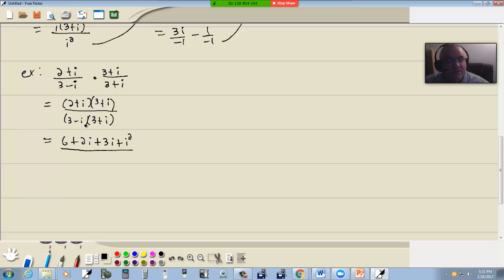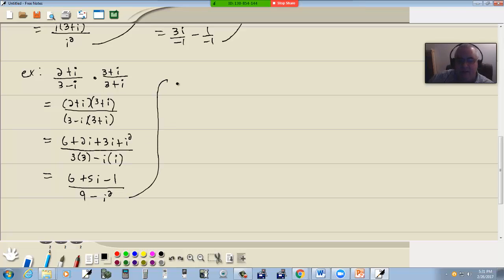And down below, since these are conjugates, with conjugates you multiply the first parts together and the last parts. So I got 3 times 3 and negative i times i. That'll always occur when you have conjugates. Let's see, 2i plus 3i is 5i, and i squared is negative 1, so we replace i squared here with negative 1. 3 times 3 is 9 minus i times i, which is i squared.